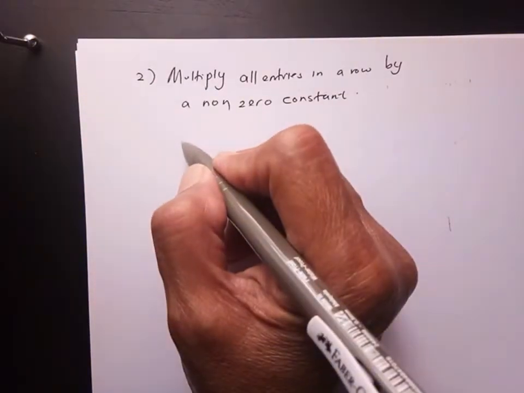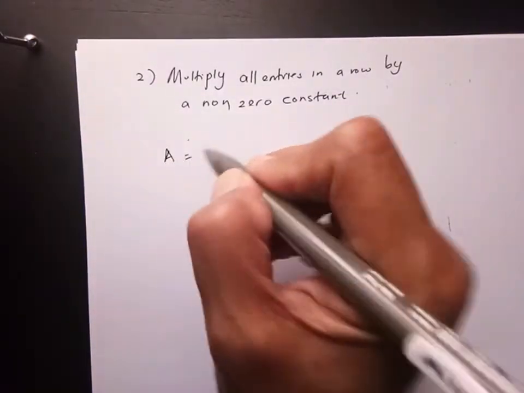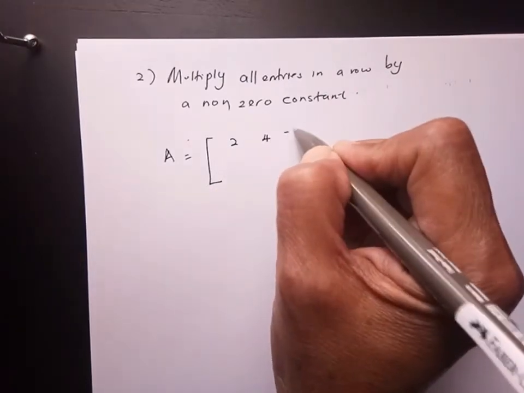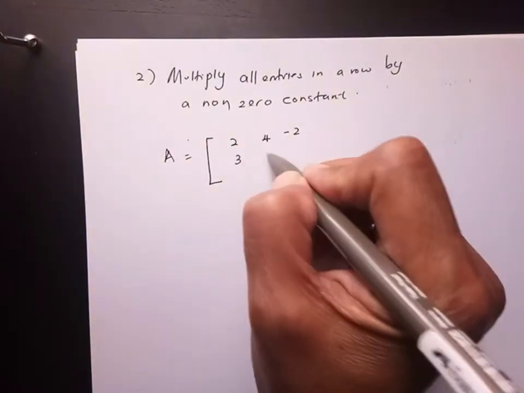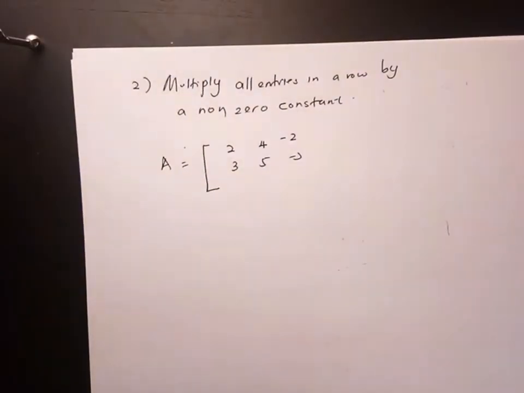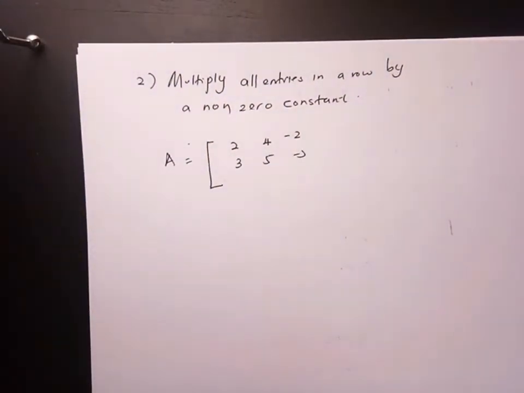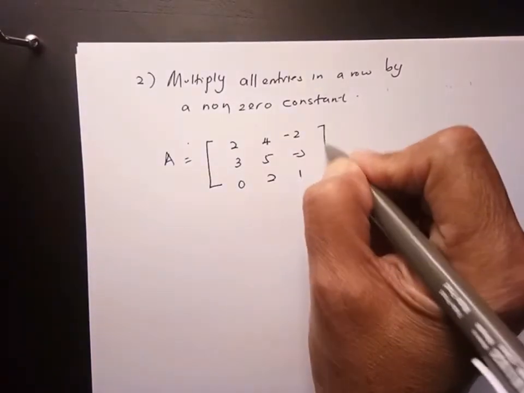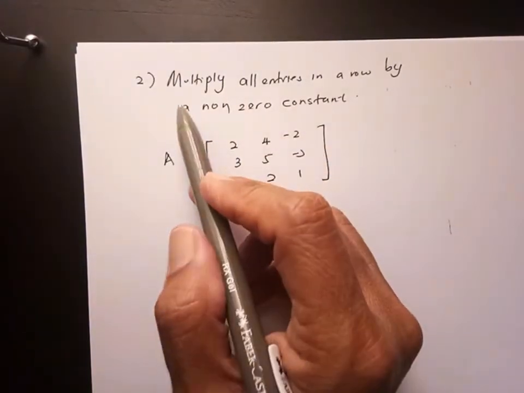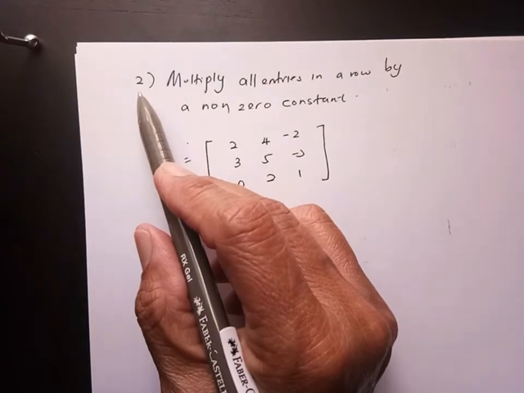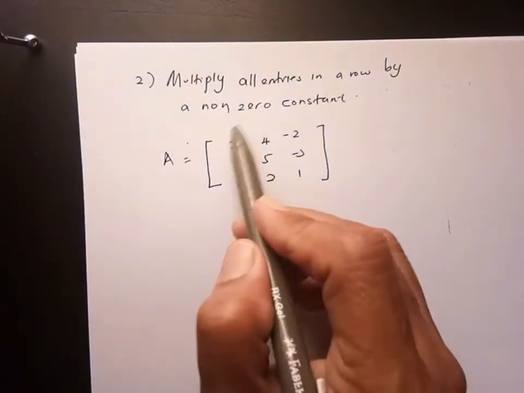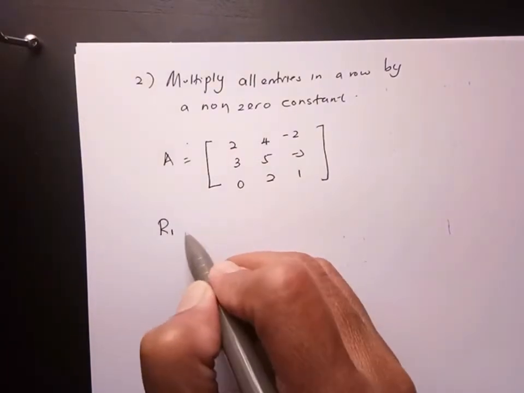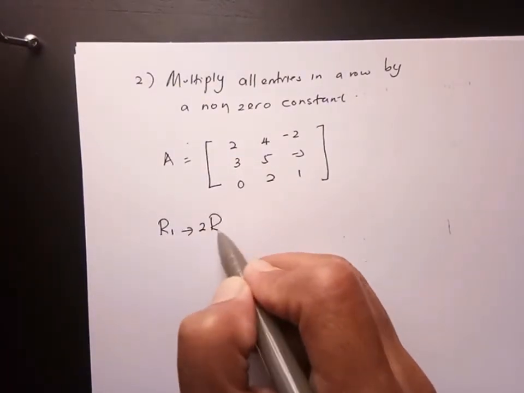Okay, let's say earlier our coefficient matrix given is 2, 4, minus 2, 3, 5, minus 5, and then 0, 2, 1. Now if we were to perform operation number 2 by multiplying all entries in a row by a non-zero constant, let's say row 1 we multiply by 2, for example.